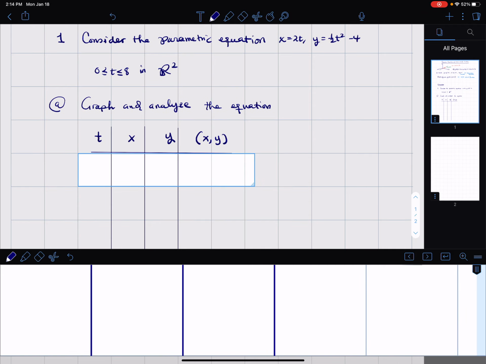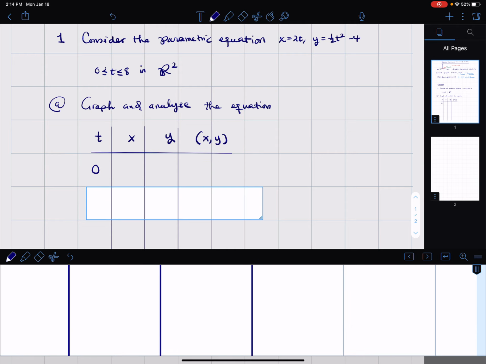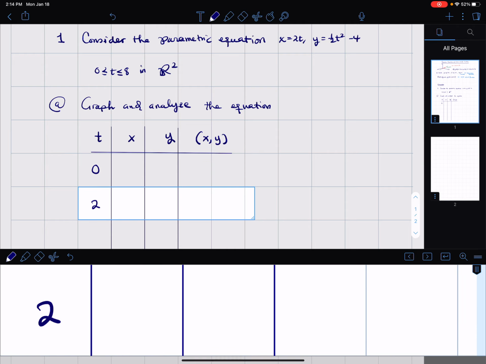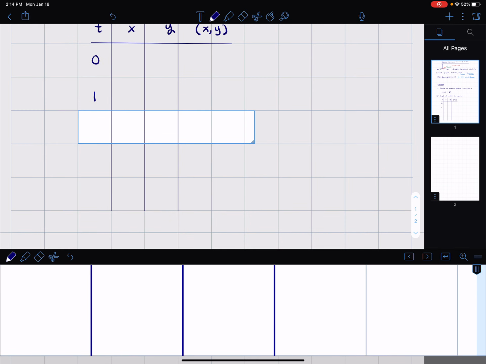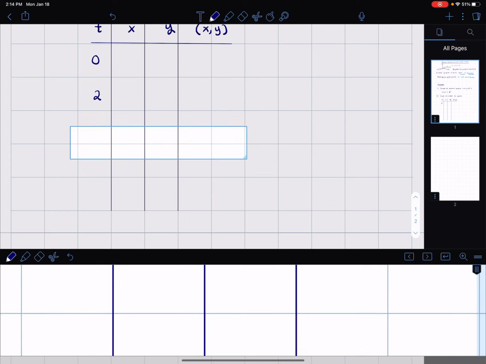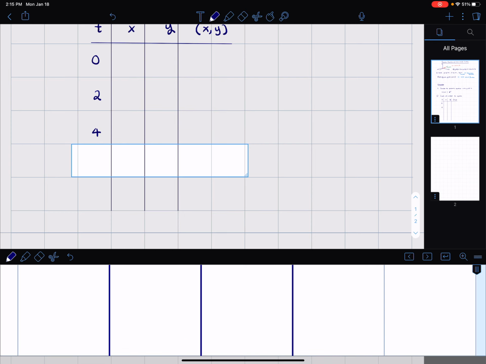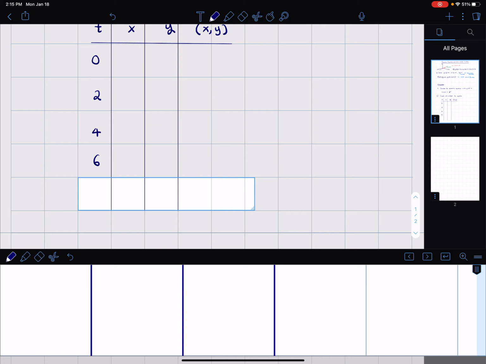We're not going to do every value between 0 and 8. Let's pick 0, then 1, then 2, 4, 6, and then 8.